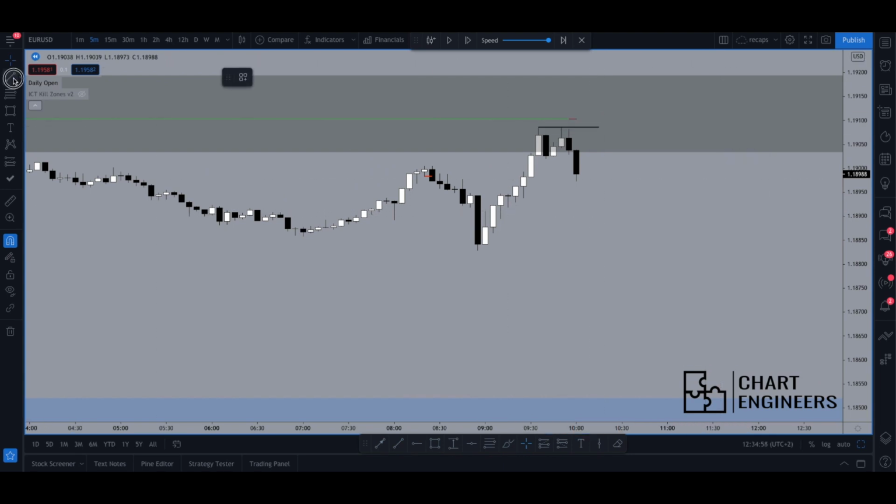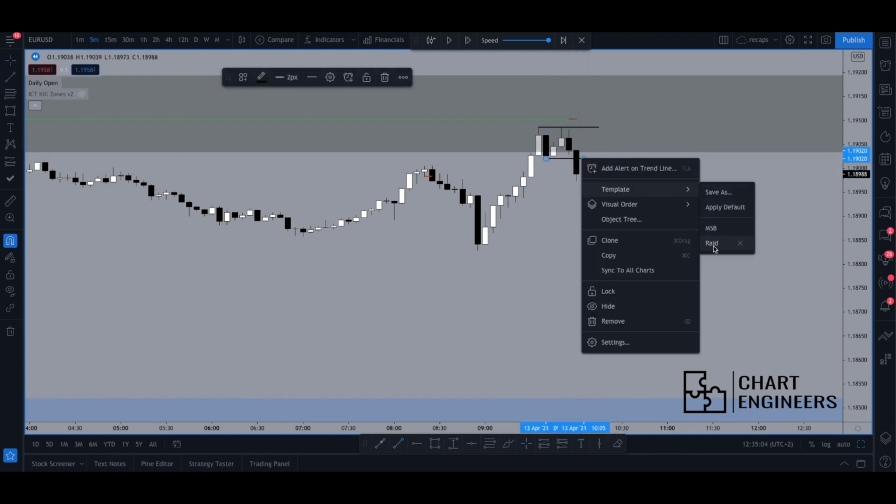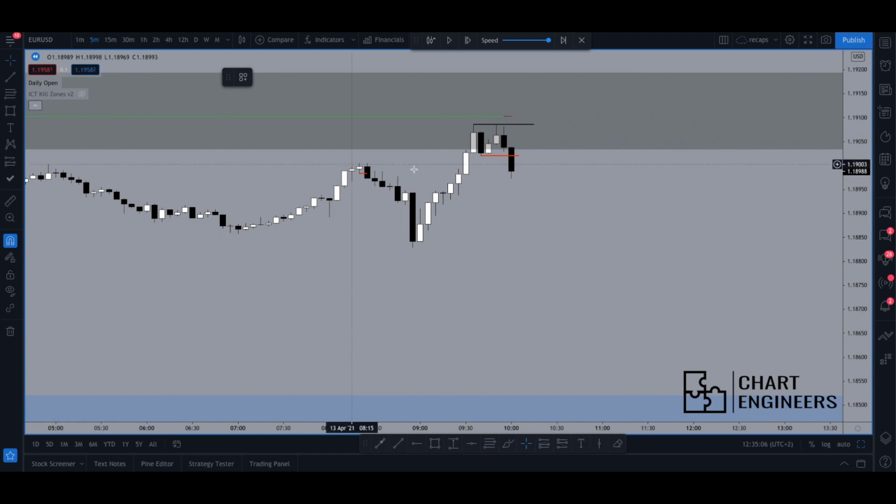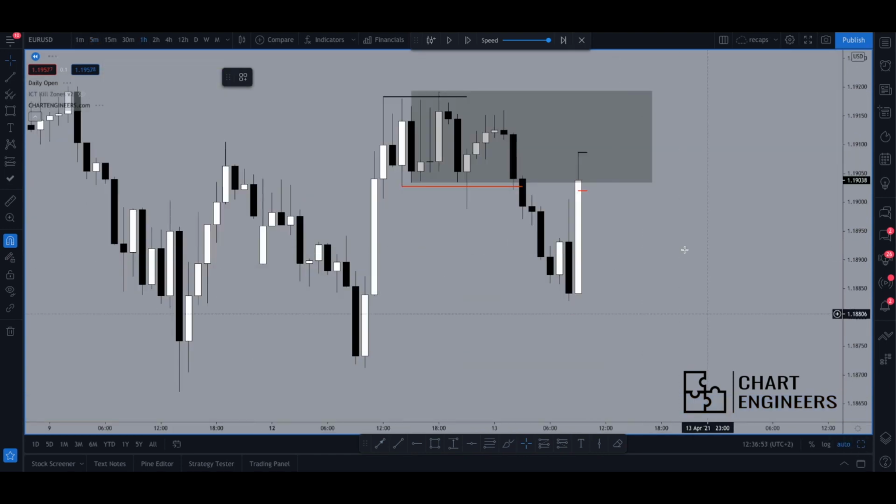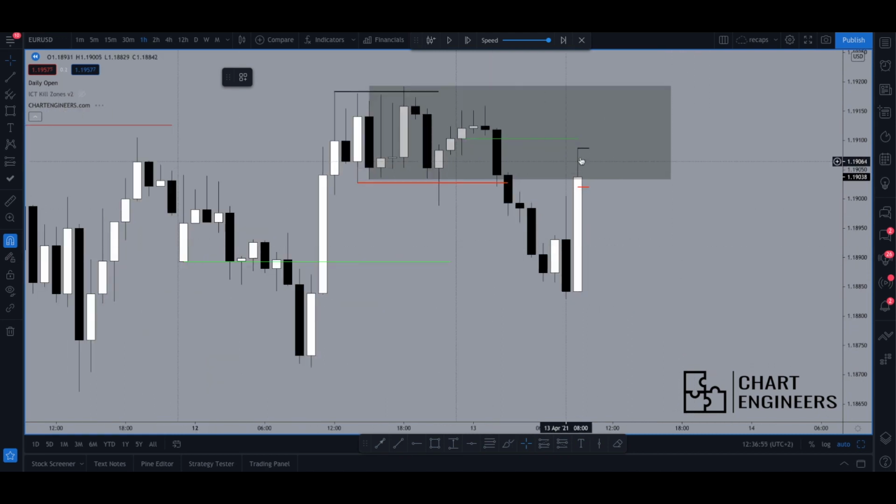On MT4 this was a sweep. I don't know if it was a sweep on FXCM, but I don't care that much. MSB. So here we get the M5 fractal into the H1 breaker zone. So we had a nice M5 fractal into this H1 breaker zone.